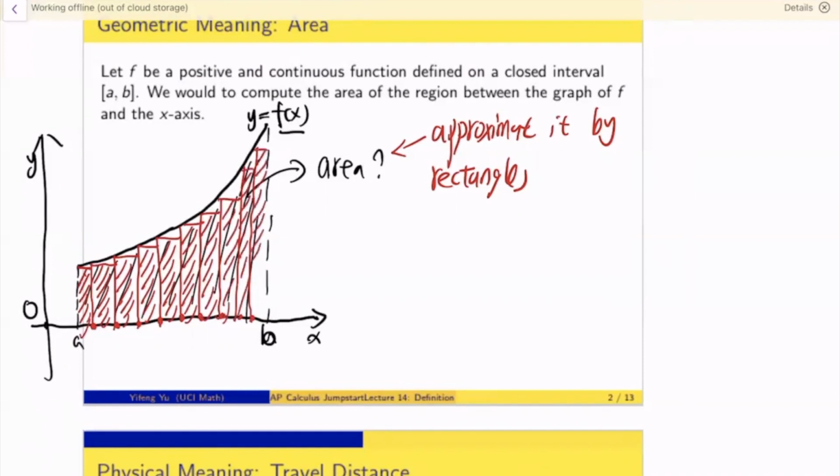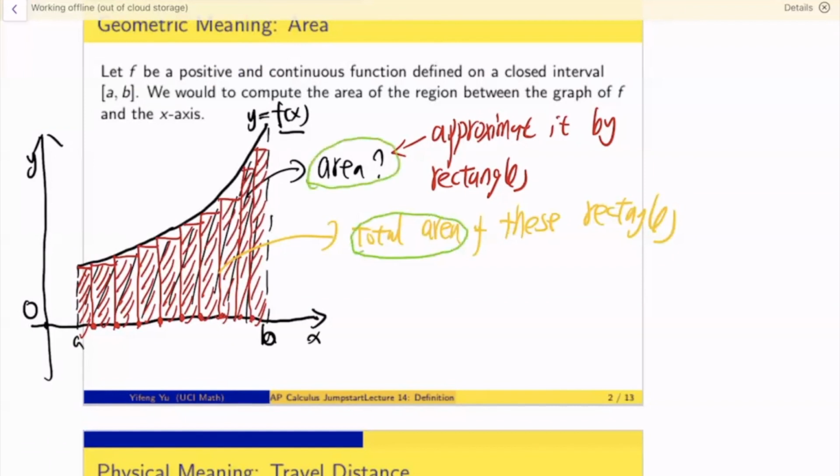Now the idea is, let's look at the total area of all those rectangles. We expect that this total area and the area of the region we are looking for are not exactly the same, but approximately, it's close.